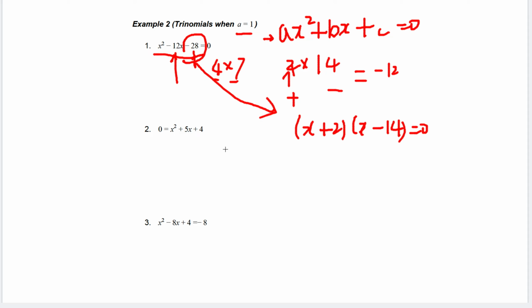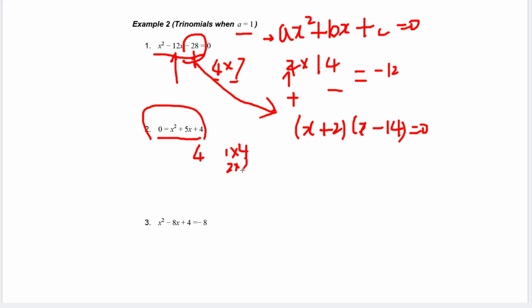Also here, that part is 4, right? For 4 we only need two choices, 1 times 4 or 2 times 2.